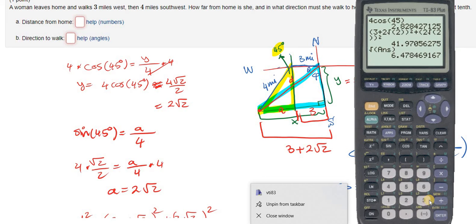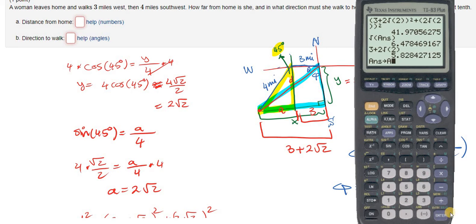I'm first going to find the value for 3 plus 2 square root of 2, and then I'm going to store it in the variable a, and I will find the value for 2 square root of 2, and I'm going to store it in the b variable.